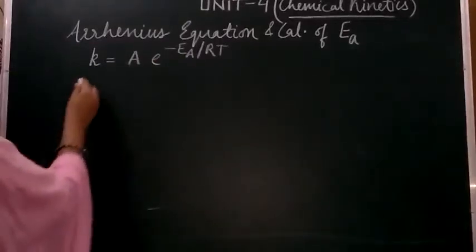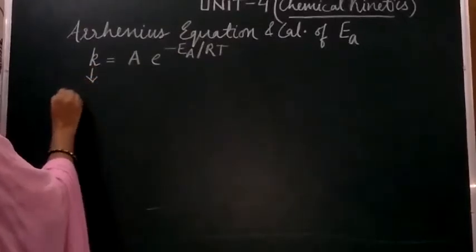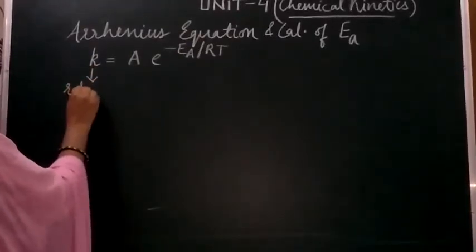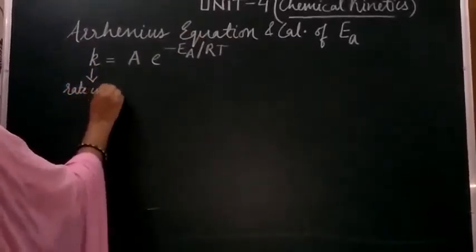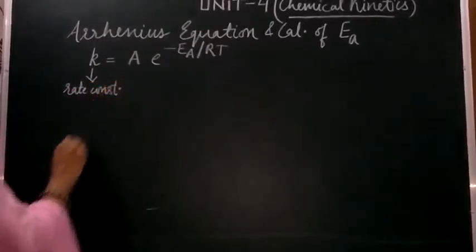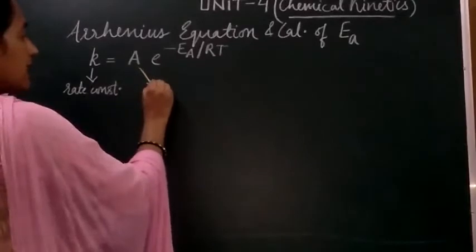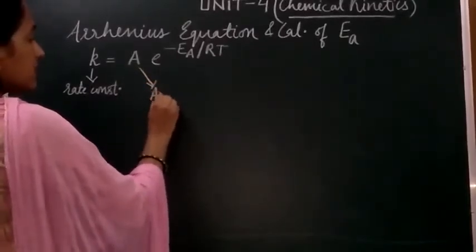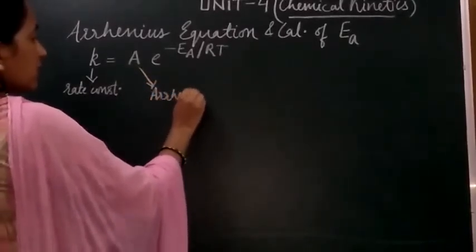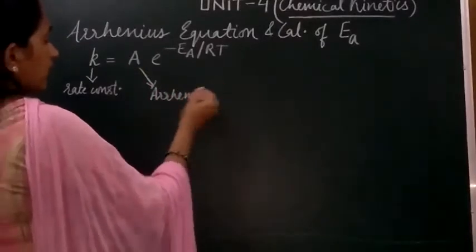Now students, here k is denoting the rate constant, and you know that rate constant is the measure of the rate of the reaction. A is the Arrhenius factor or a constant.